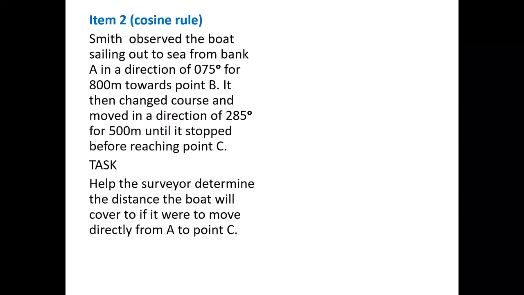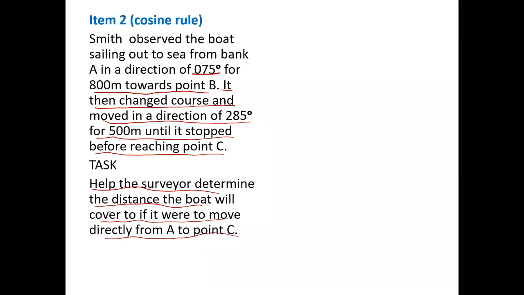They are saying that Smith observed the boat sailing out to the sea from the bank in direction of 75 degrees for 800 meters towards B. Then it changed the course and moved in the opposite direction of 285 for 500 meters until it stopped before reaching point C.